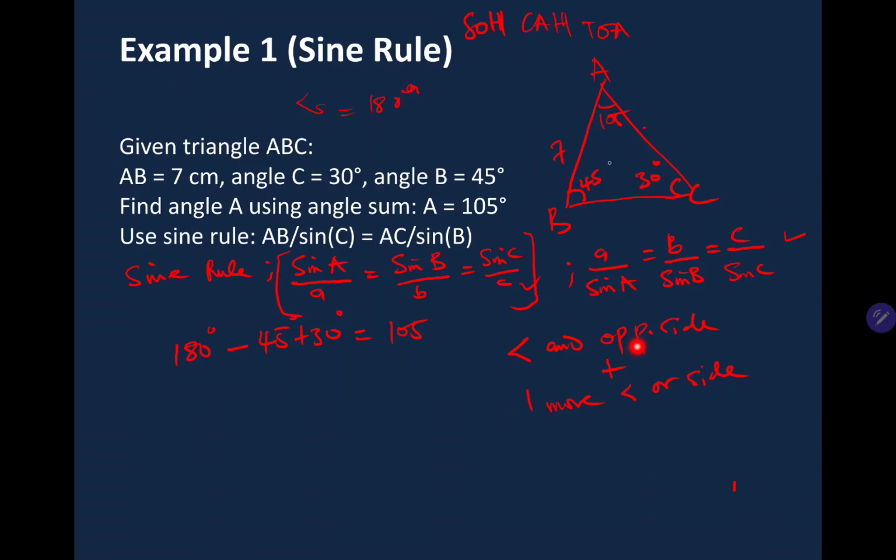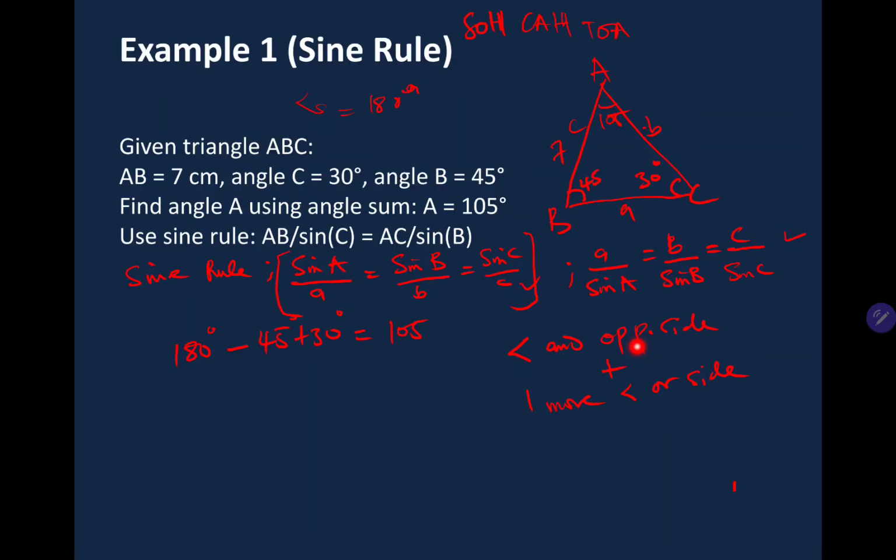So for this triangle, we label this side b, we label this side a, and we label this side c. So if we want to look for side b now, we need the angle B and one more angle or one more side.